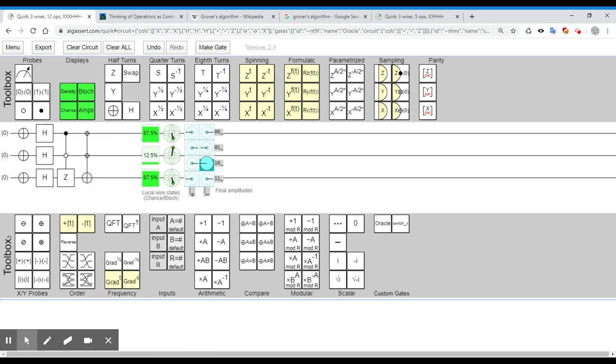So we know what the effect is on the z-axis. It's a phase shift, and we know what the effect of this is and the effect of this is. This is also a phase shift, but if you look at it from the x-axis. Interesting.